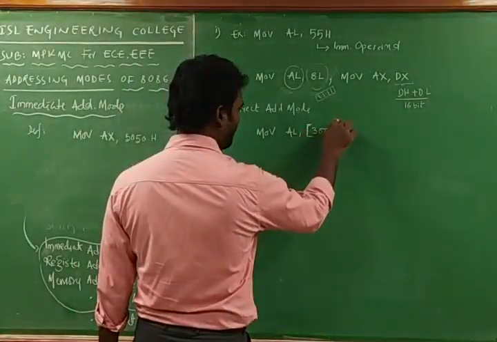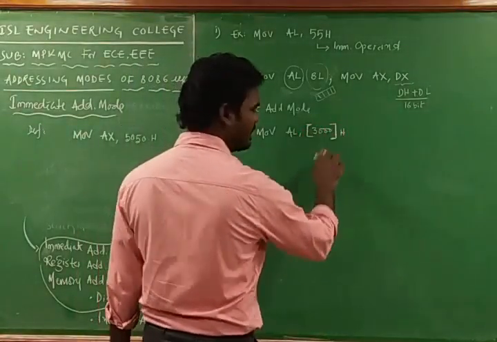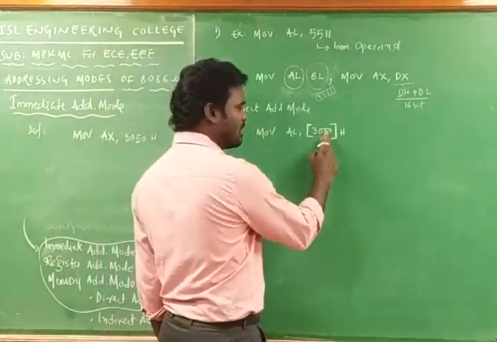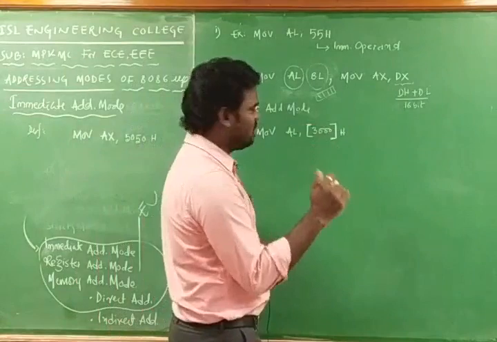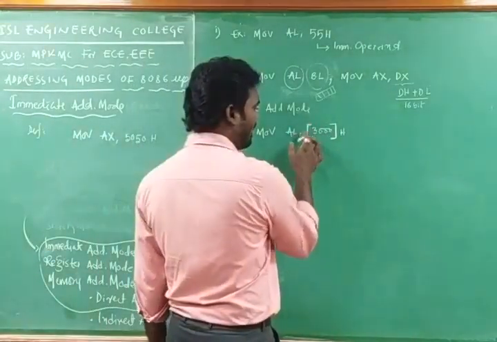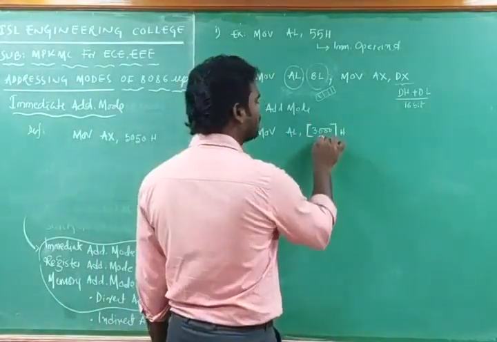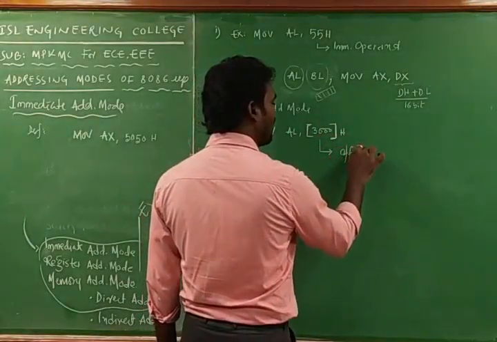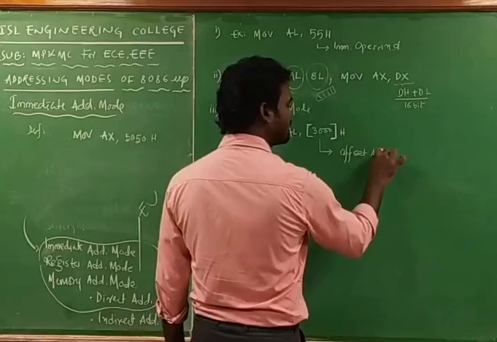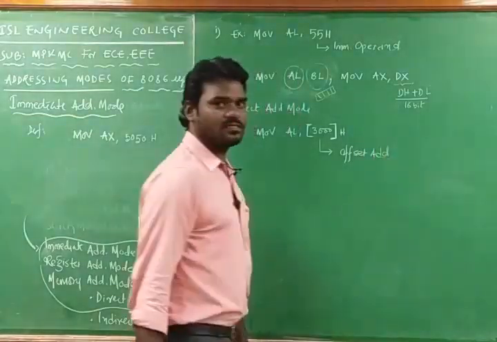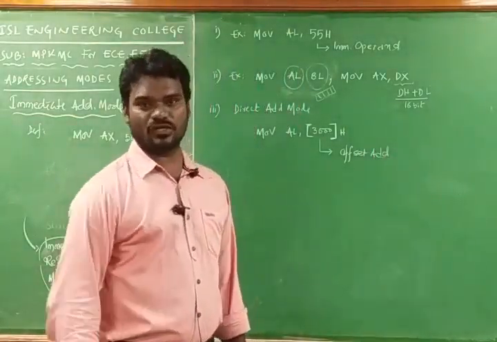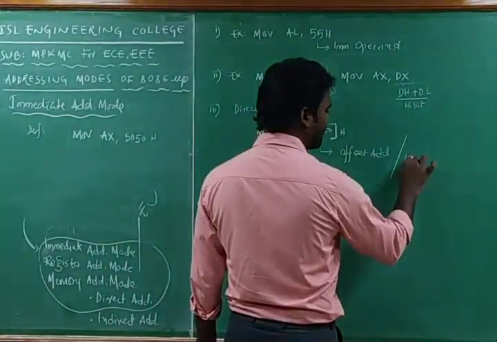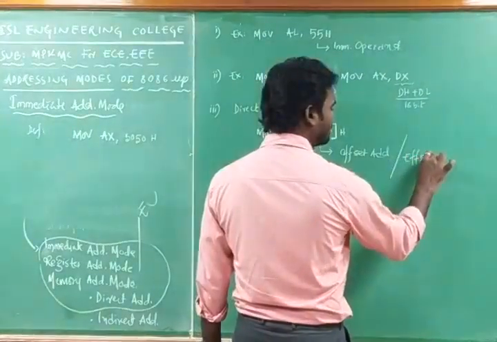Whenever a hexadecimal number is specified in square brackets, we should understand that it is the offset address, which is there in the execution unit. This offset address is also named the effective address.